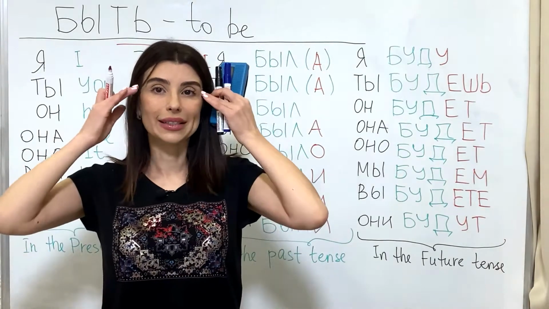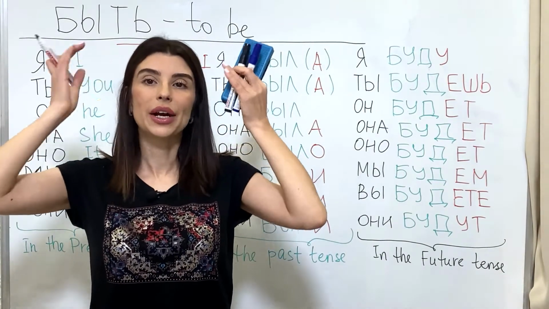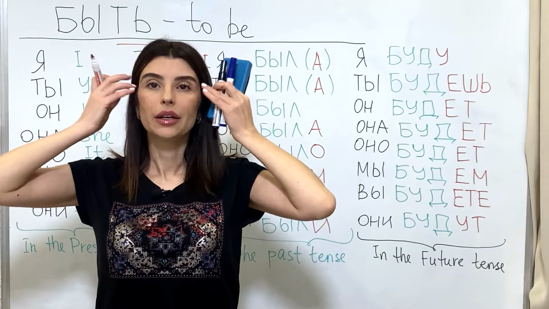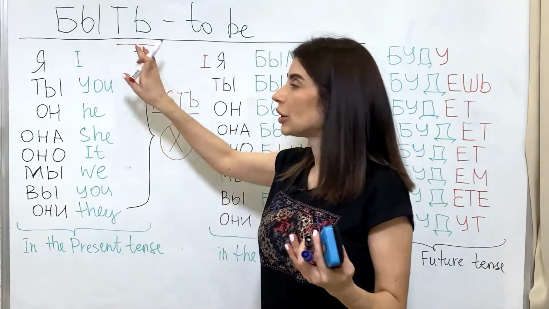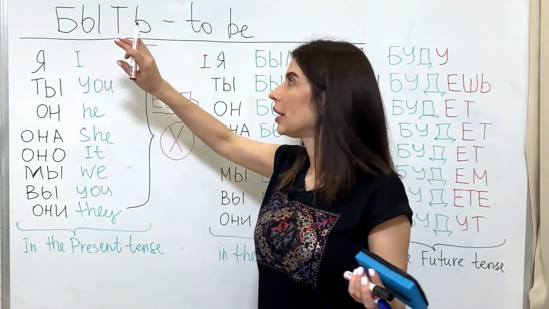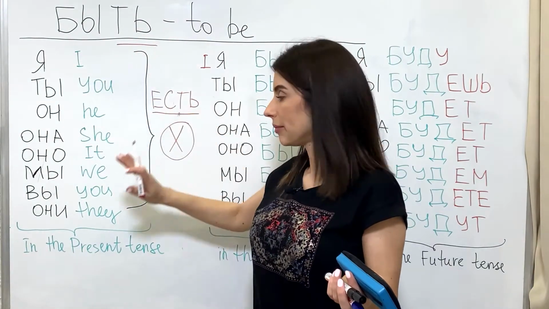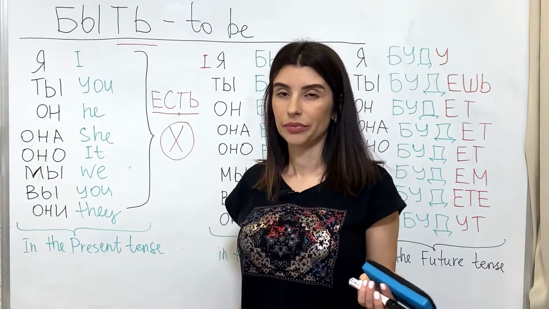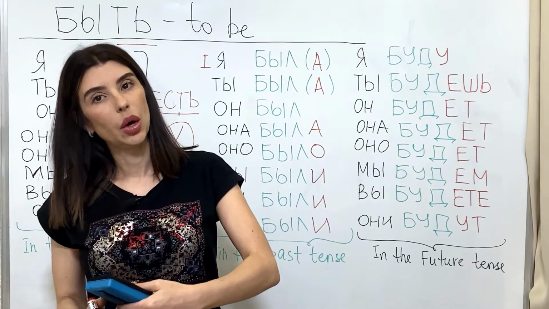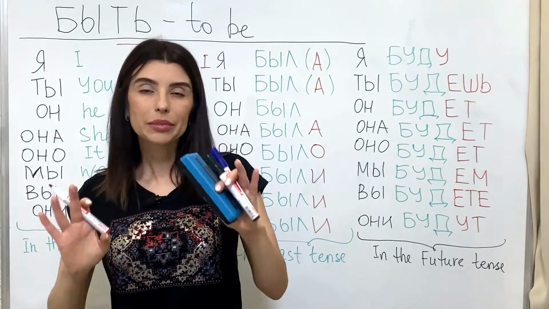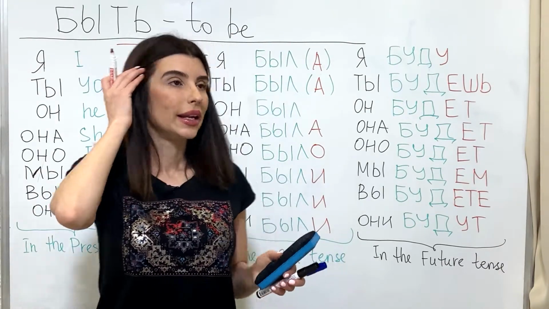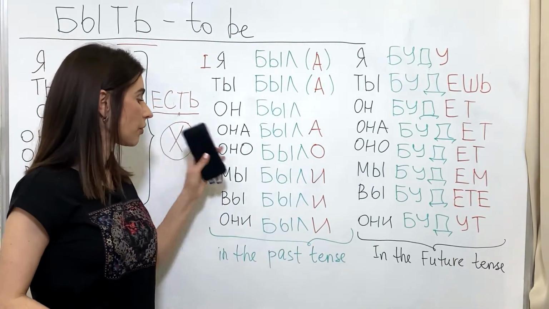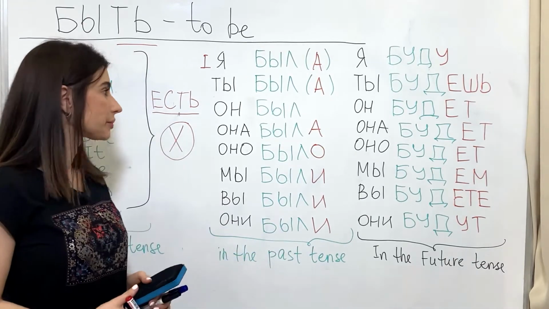Just to understand that in present tense, to be transforms to the verb есть. Not быть, but есть in present tense. In some sentences we can hear that sometimes, but generally speaking, not. Let's move to our past tense.